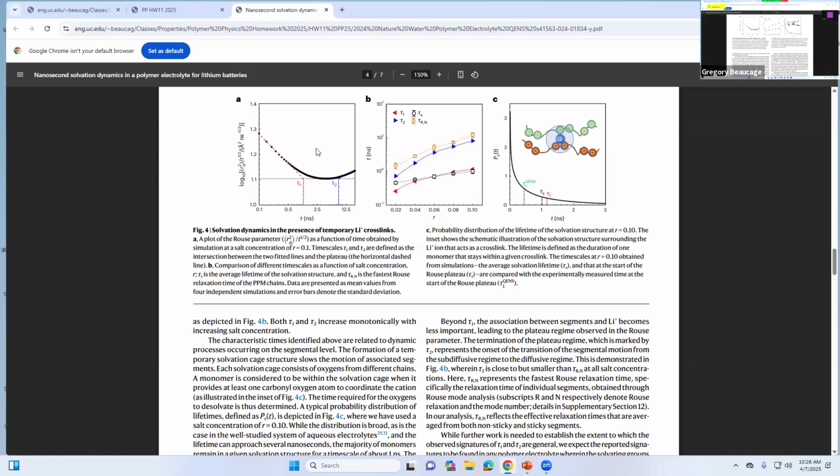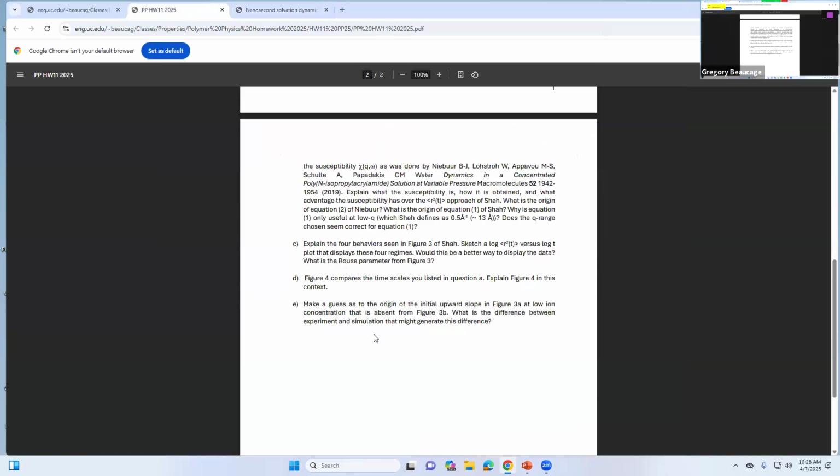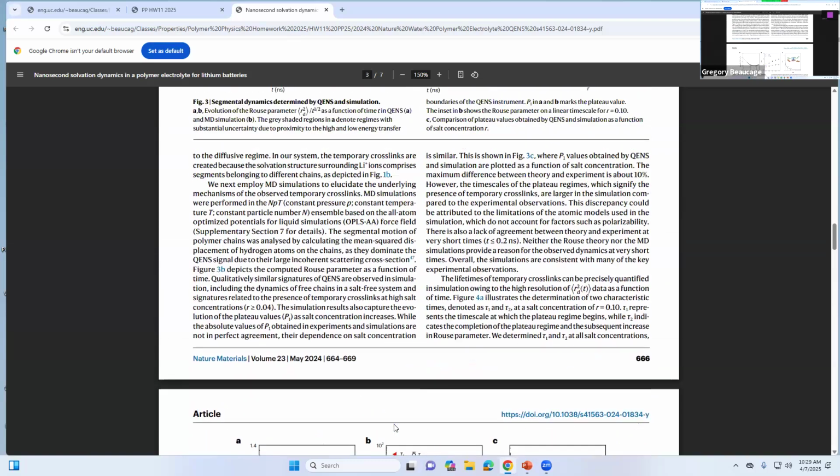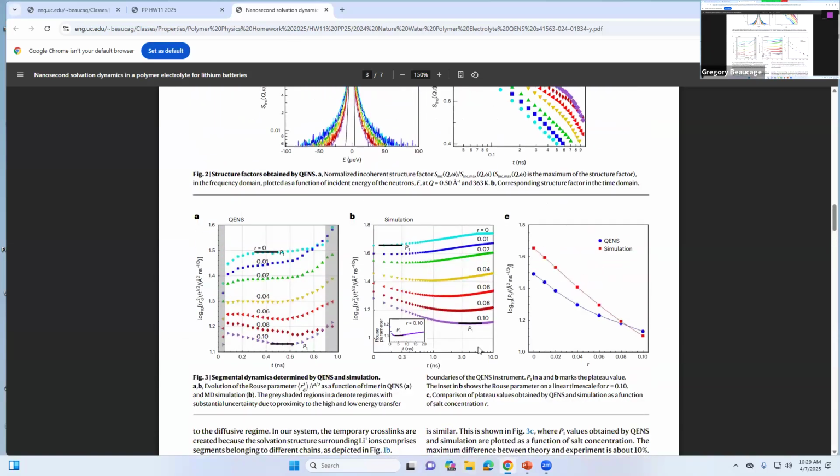And can you go over sketching the log time plot, showing the 4 behaviors in figure 3? Okay, so yeah. This is something that came to me: why are they even doing this? Why are you even plotting it this way?